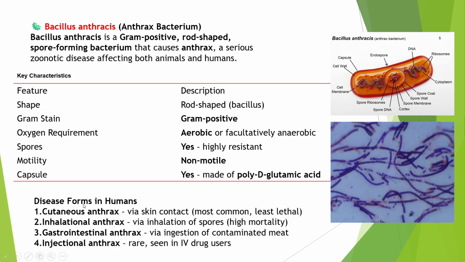The diseases in humans: cutaneous anthrax, inhalational anthrax, gastrointestinal anthrax, injectional anthrax, etc. Cutaneous anthrax is transmitted via skin, is the most common, and is the least lethal.